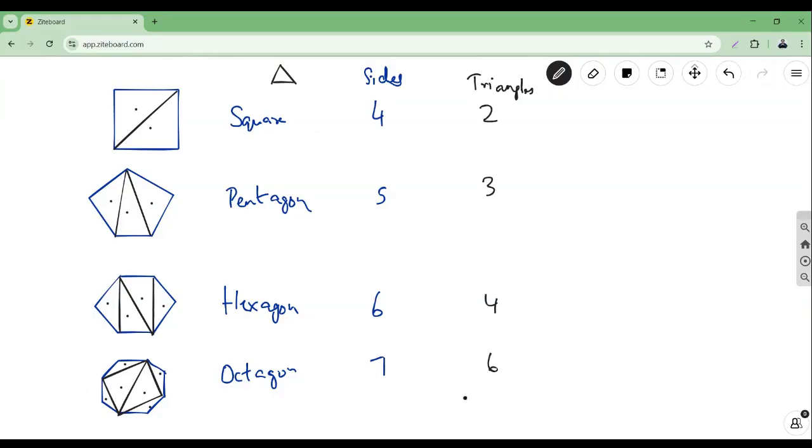Do we see a pattern here? 4 minus 2 is 2, 5 minus 2 is 3, 6 minus 2 is 4, and 7, sorry, this is not 7, it's 8. Octagon means the number of sides is 8. 8 minus 2 is 6. So this pattern is the same. The number of triangles follows it. Oh wow, a nice pattern is coming up.